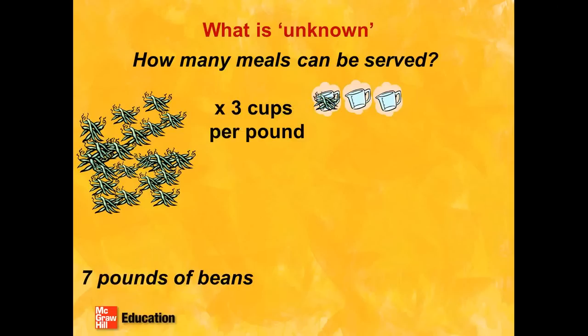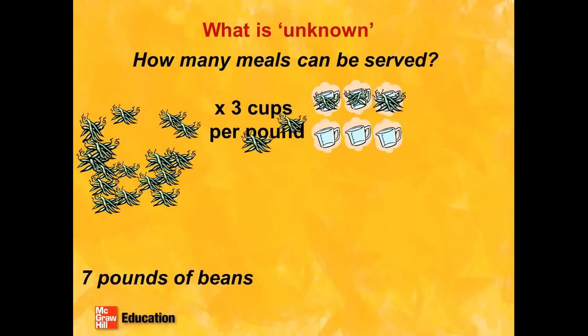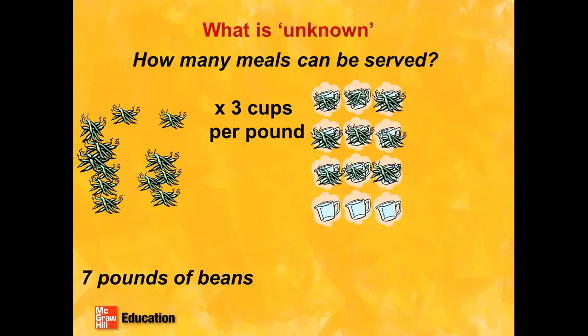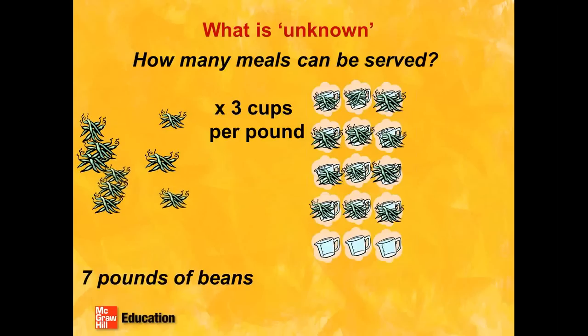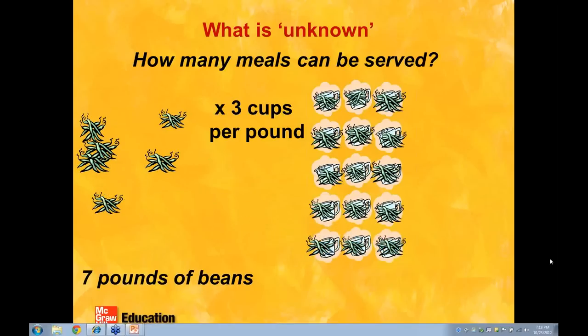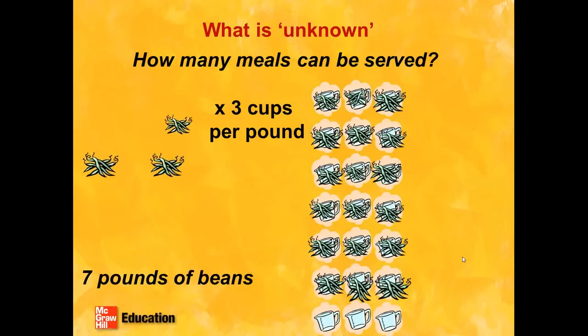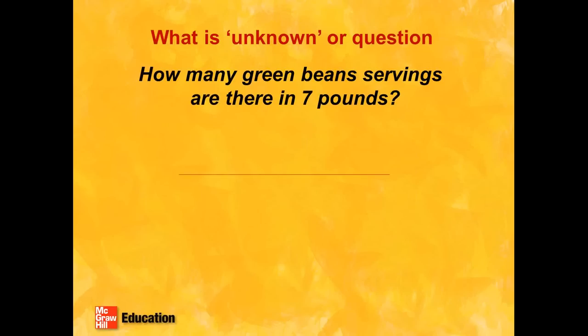And so they may literally count out and begin to break out the number of green beans found in each pound. As you can see, we can count the number of cups to see how many green beans there are.